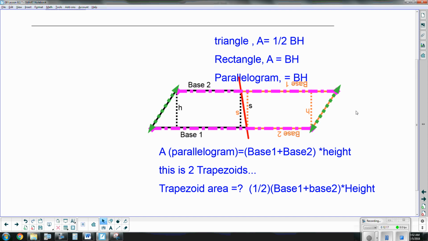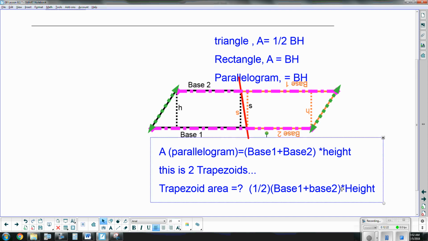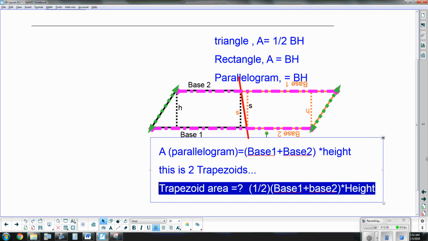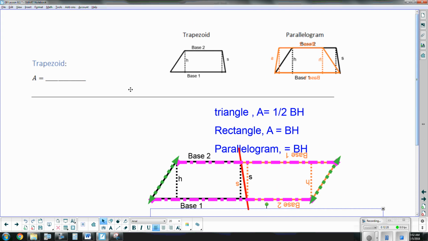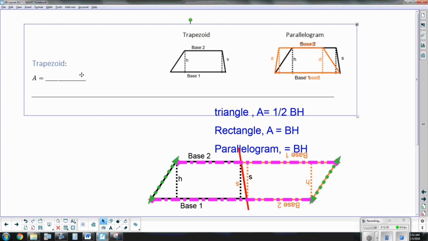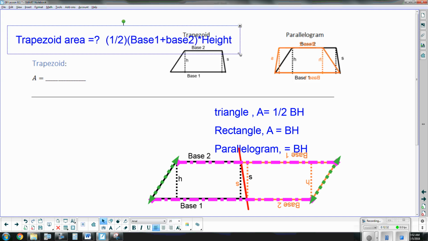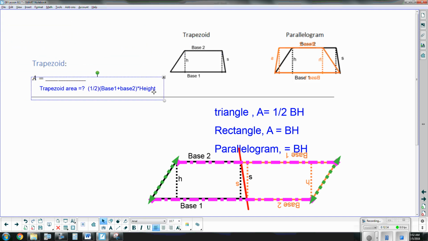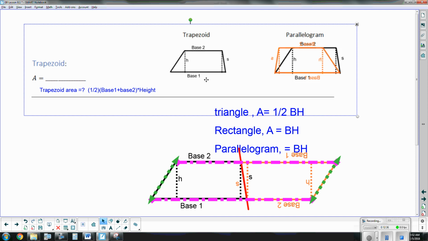And that's going to work with any trapezoid. This is not a special trapezoid. It's not an isosceles trapezoid. It's just a very generic trapezoid. So my area of a trapezoid is the average of my two bases, so my base 1 plus base 2 divided by 2, times the height.